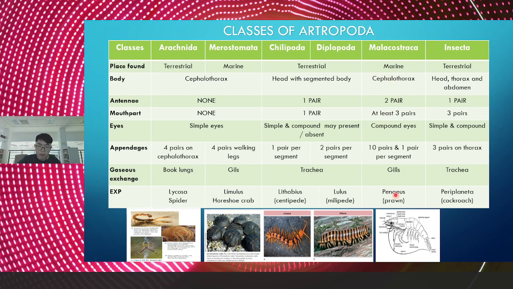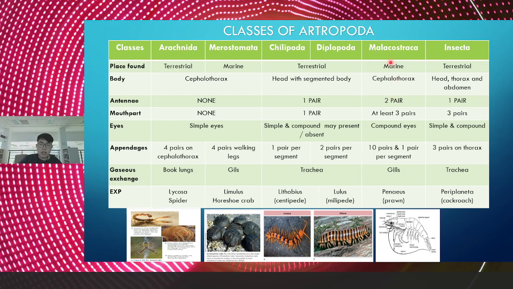Actually for the prawn, I also searched on Google. Normally they say Malacostraca is the class of Arthropoda, but for Crustacea, actually I don't know. They do not show that Crustacea is a class of Arthropoda.